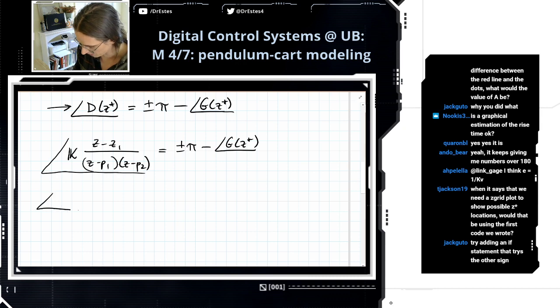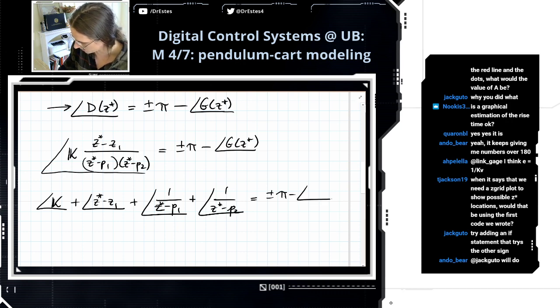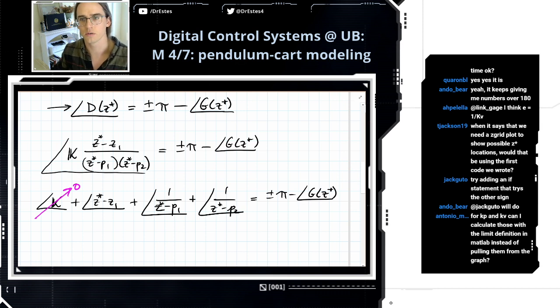This is the same thing as the angle from the gain plus the angle from Z minus Z1 plus the angle from 1 over Z minus P1. Oh, and I should put Z stars for the Z here because these are evaluated at Z equals Z star. And the angle of 1 over Z star minus P2. So this is equal to plus or minus pi minus the angle of G of Z.